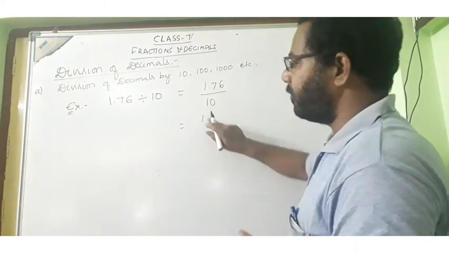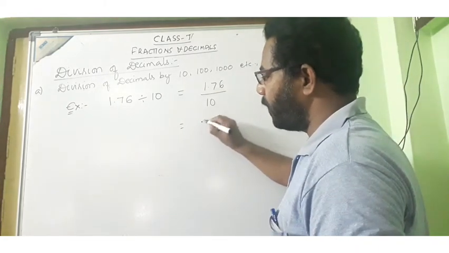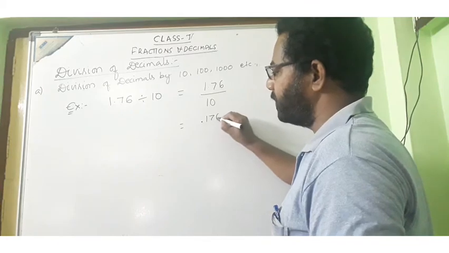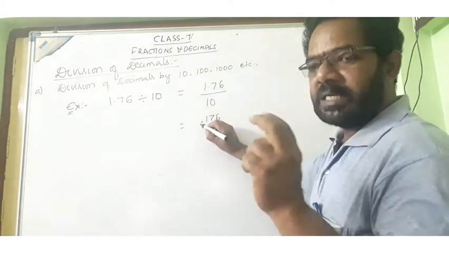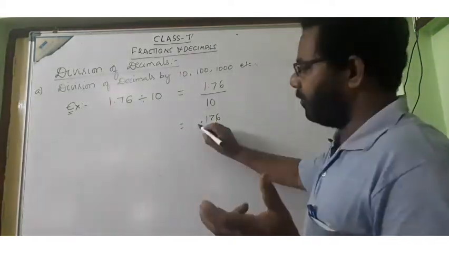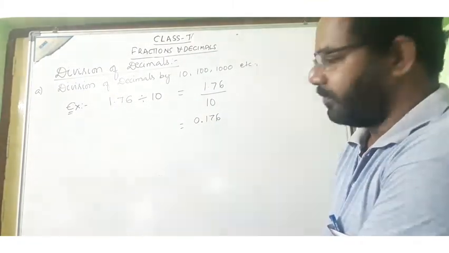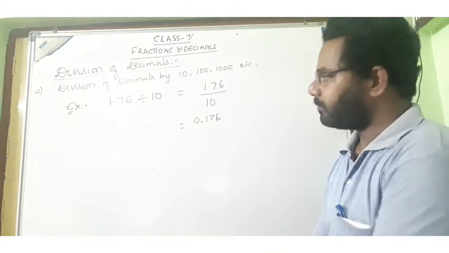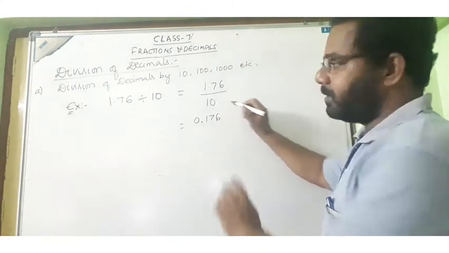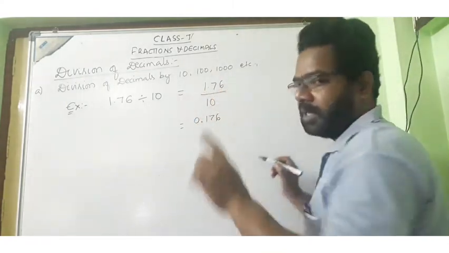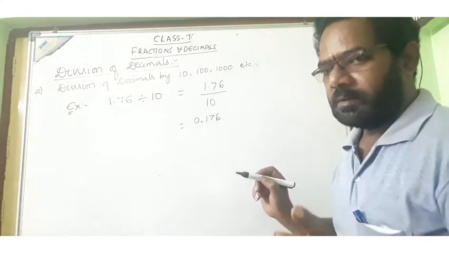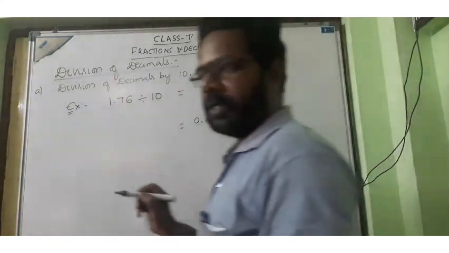Only the point, after that 176. Initially a single point is not meaningful, so we have to put 0.176. Understand? Divided by 10 means the point will be jumping to the left hand side. Catch the point?